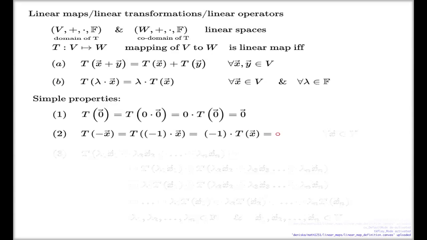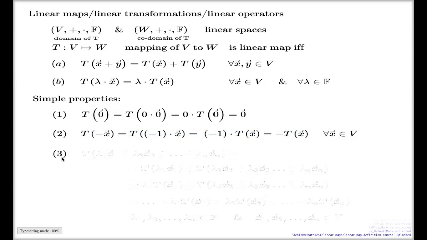And we know when we multiply a vector by -1, it's basically the negative of that vector. So that is negative of T of x. Again, I emphasize that this negative and this negative are two different negatives. This negative is in the domain, and this is a negative in the codomain. They may be totally different.